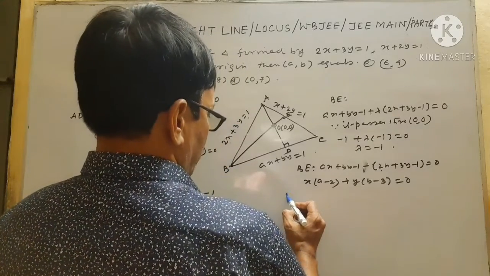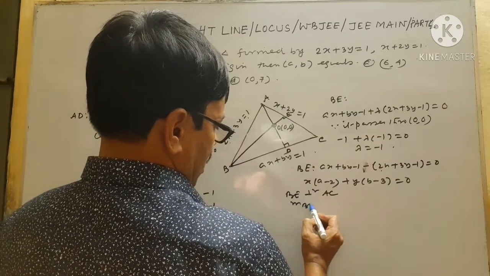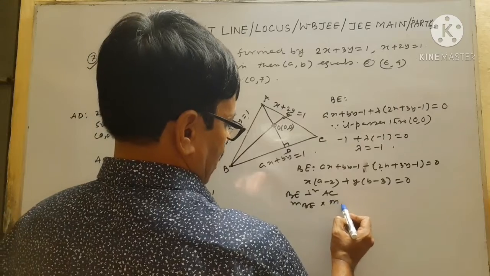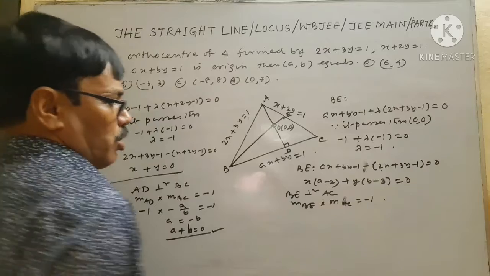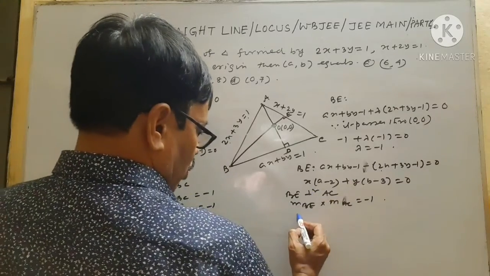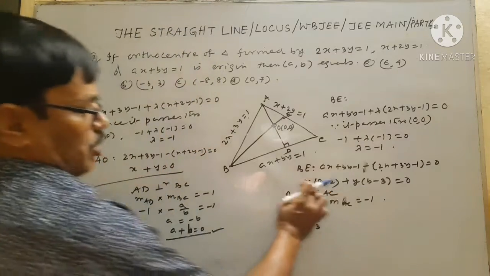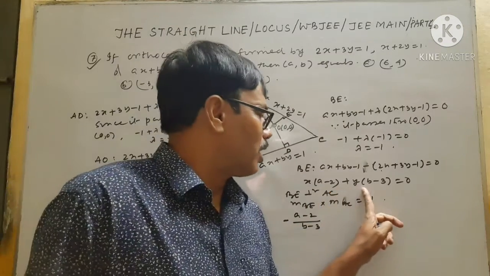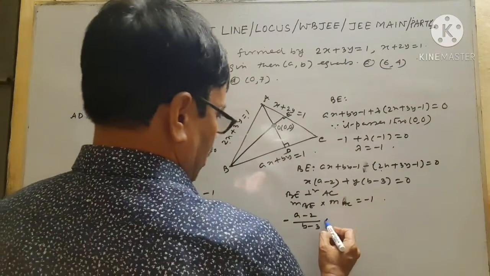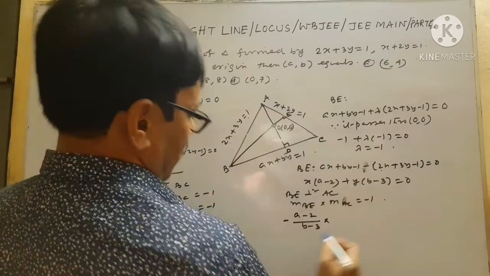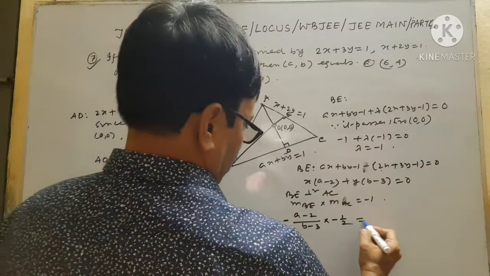Now the second step. BE is perpendicular to AC, so slope of BE times slope of AC equals -1. The slope of BE is the coefficient of x by the coefficient of y with a negative sign, as in y = mx + c. The slope of AC is -1/2.